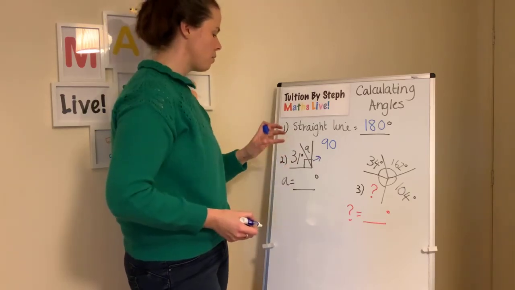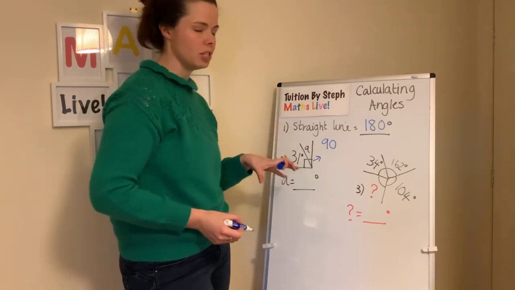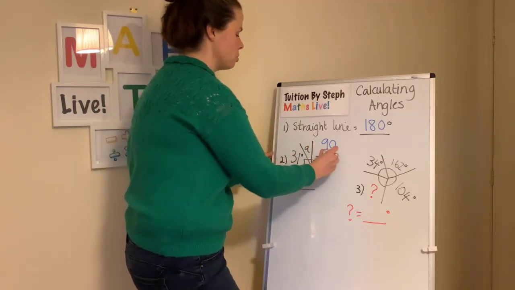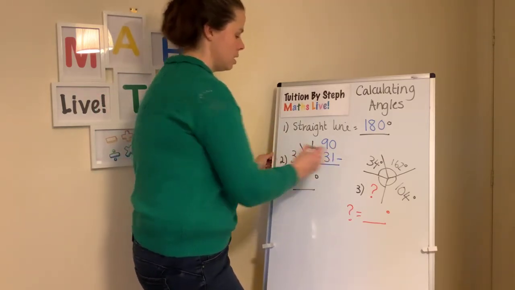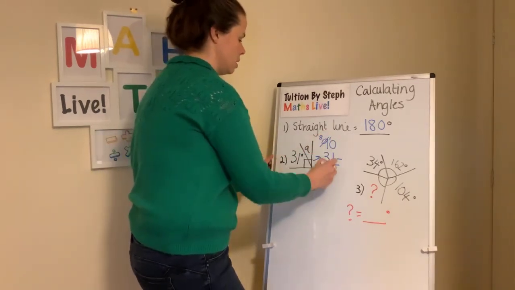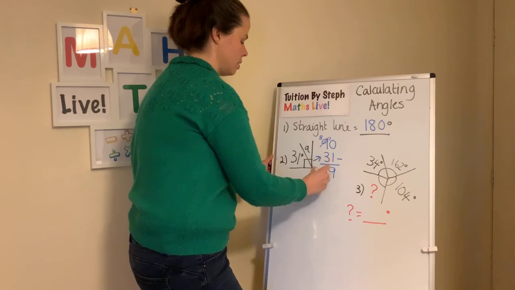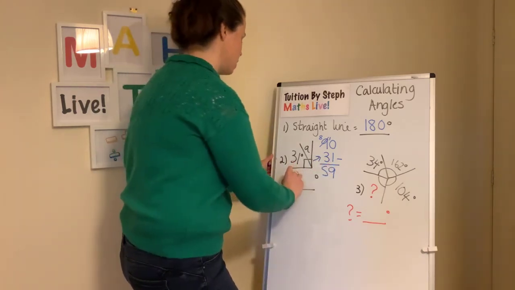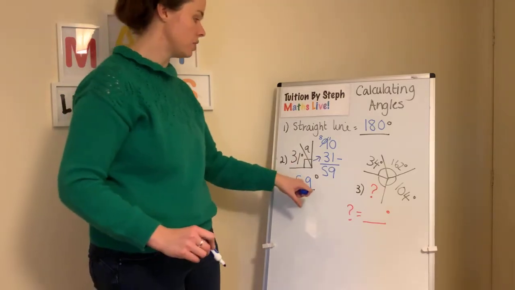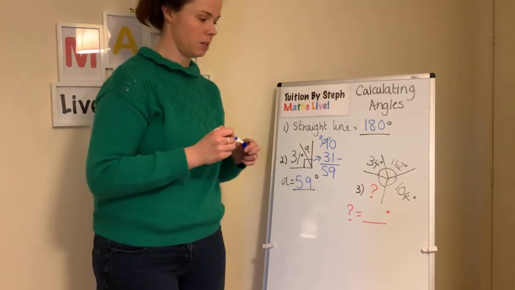And we need to think, what do you add to 31 to make the 90 degrees? So we have to subtract the 31 from 90. So 59. So angle A is 59 degrees because 31 plus 59 makes our 90.